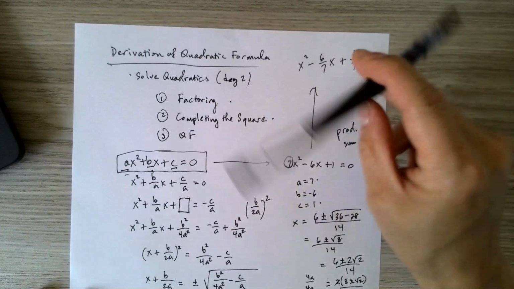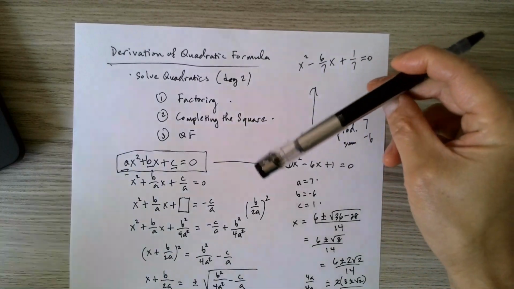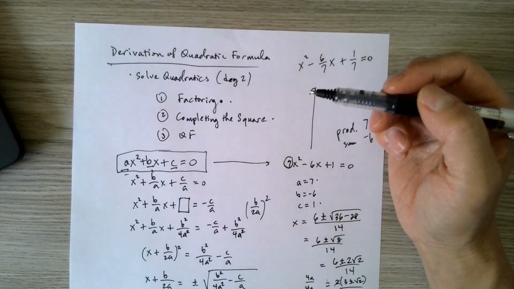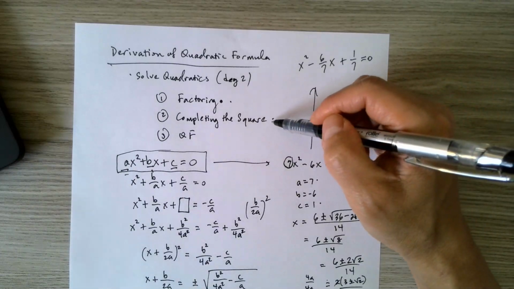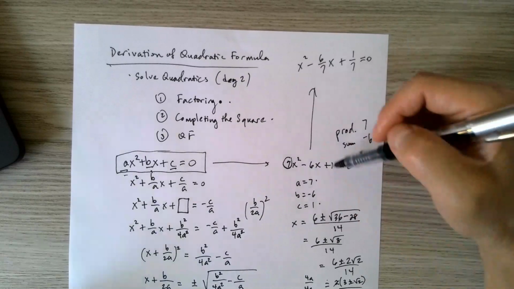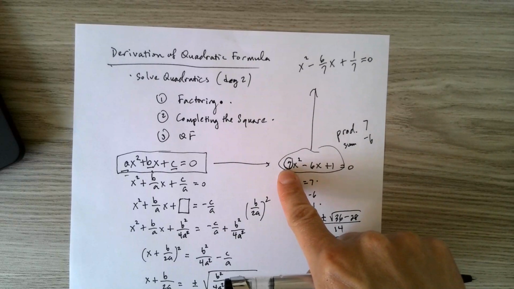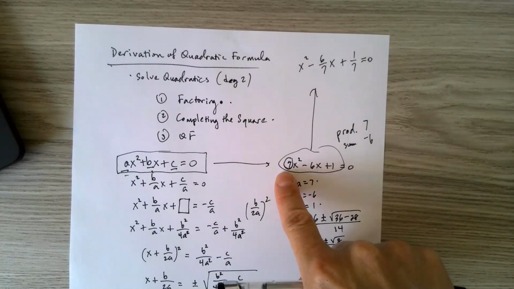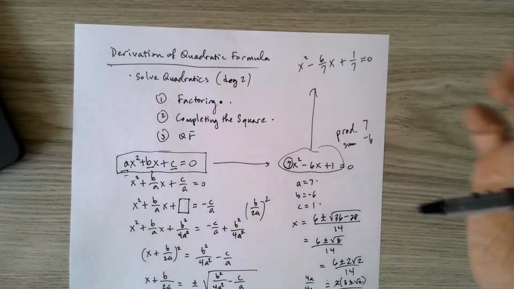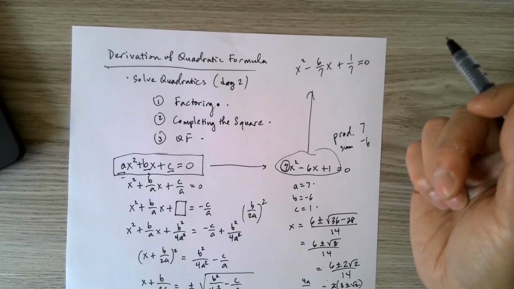So each of the methods has its pros and cons. If it's factorable, of course, go ahead and factor. If the numbers are nice, you can factor or complete the square. If you've got a situation like this where the numbers are not nice, a is not 1, you've got at least one prime number in there, and the numbers are not too large, the quadratic formula might be the better choice.